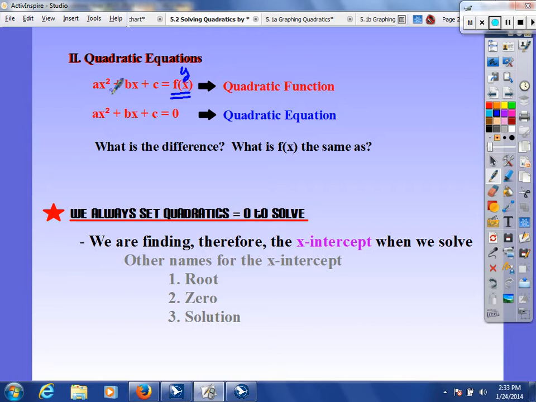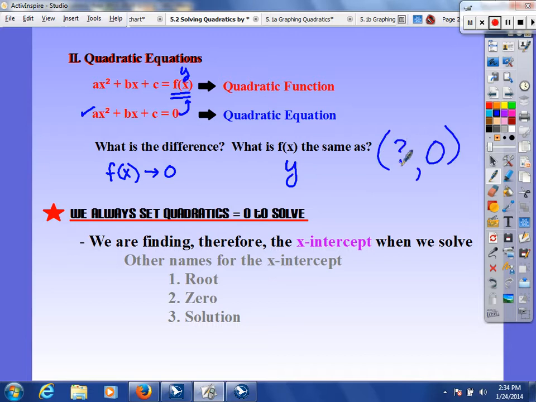That's called a quadratic function, and that's what we graph. What we're solving for is what they call a quadratic equation. Notice that we've replaced the y with 0. So f of x is the same thing as y, and the difference is f of x became 0. So do the association here: if f of x and y are the same thing and f of x became 0, then wouldn't the y value be 0 here? The y value is 0.